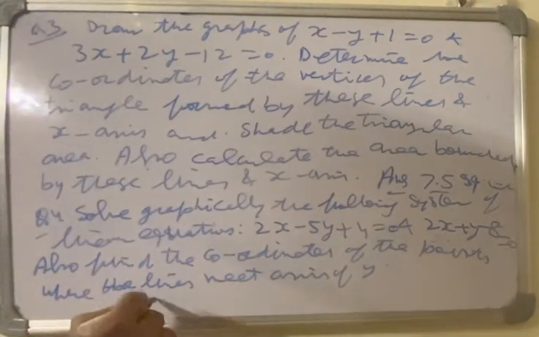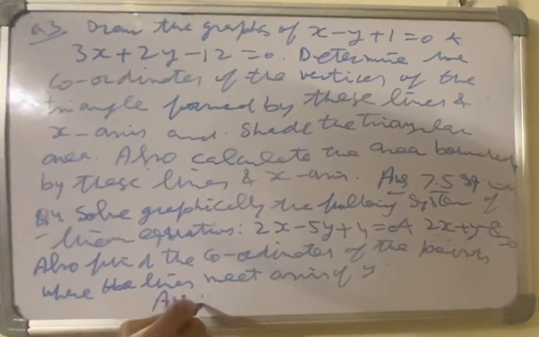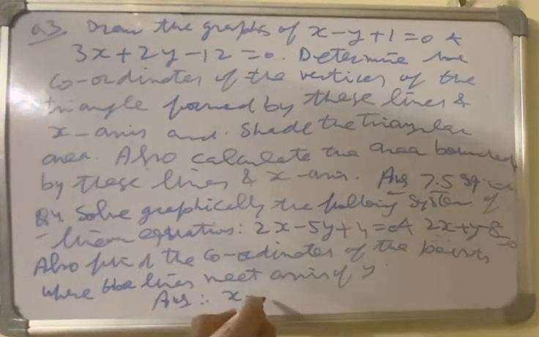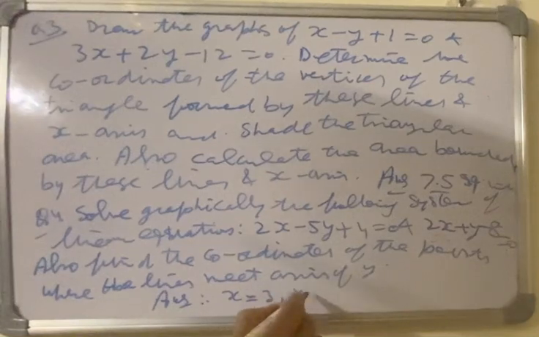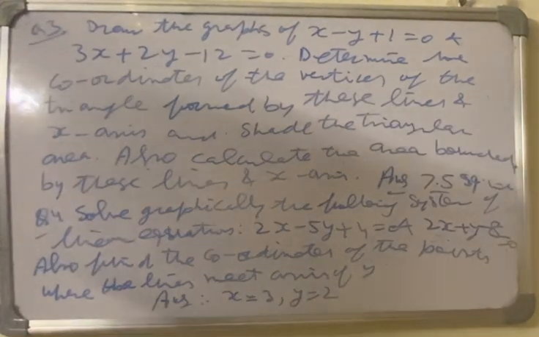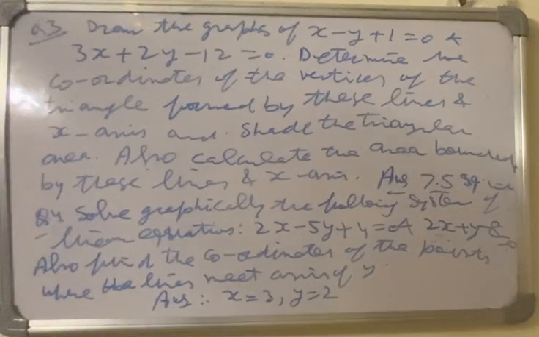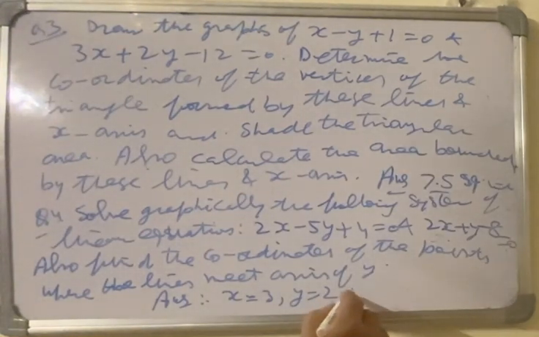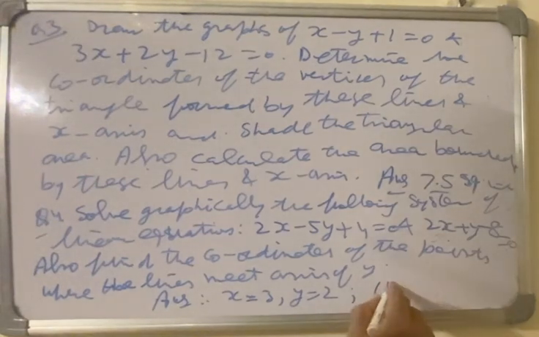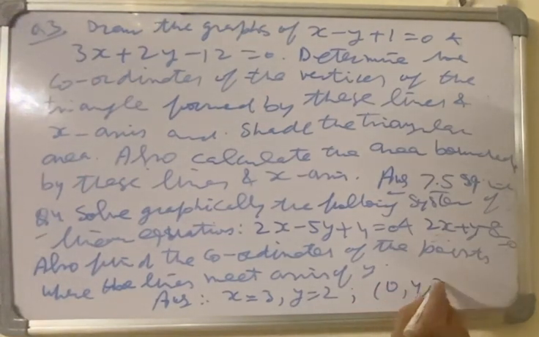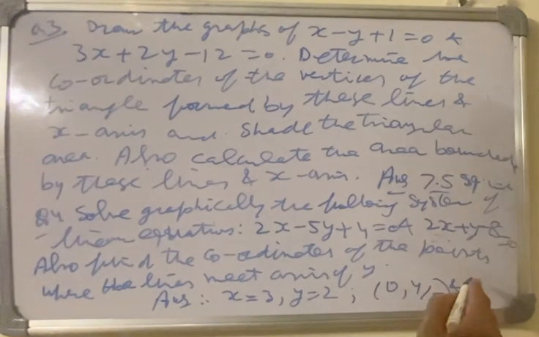So the answer is, solution is x is equal to 3, y is equal to 2, and the points at which the lines intersect the y-axis are (0, 4/5) and (0, 8).